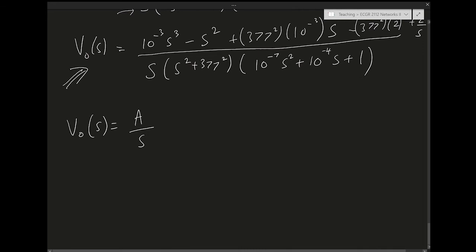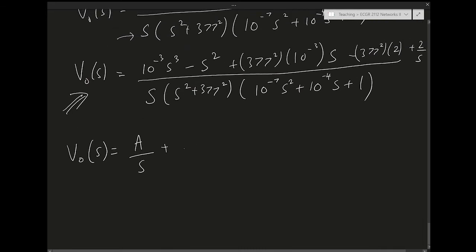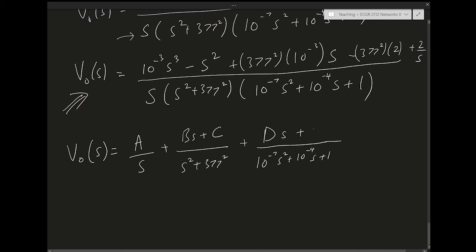So this is going to be A over s plus, and then s squared plus 377 squared, this is going to be Bs plus C, right? And then I'm going to have a third expression, which is this 10 to the minus 7 s squared plus 10 to the minus 4 s plus 1, right? And this is going to be Ds plus E, plus 2 over s.